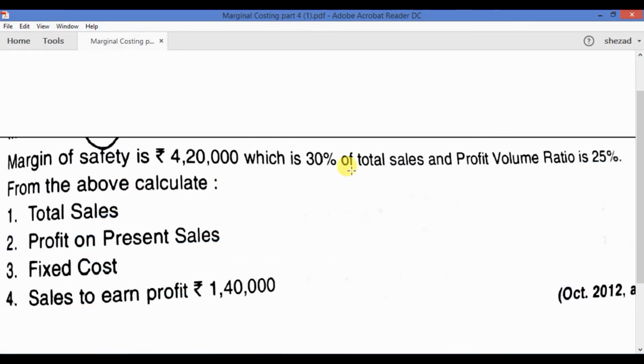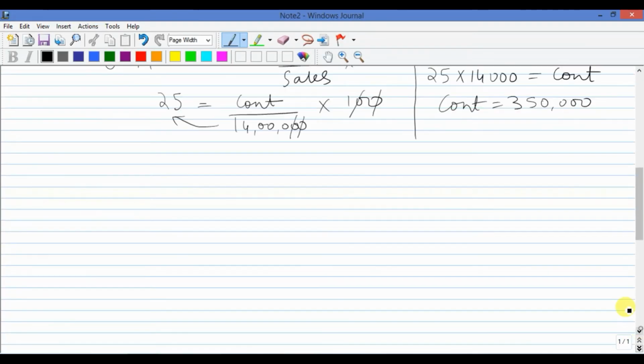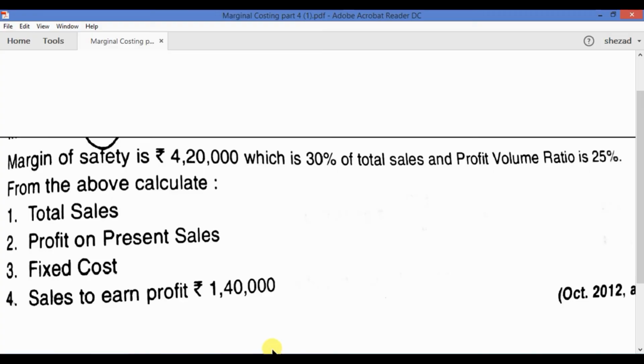Then they have given us that the margin of safety is 4 lakh 20. So yes, I can find the profit. I'll use profit is equal to margin of safety sales into the PV ratio in percentage. If anybody is not following, kindly go through the previous lectures, where I have explained this part.